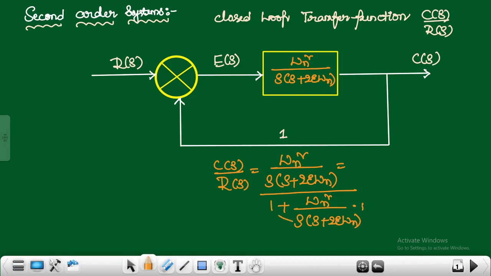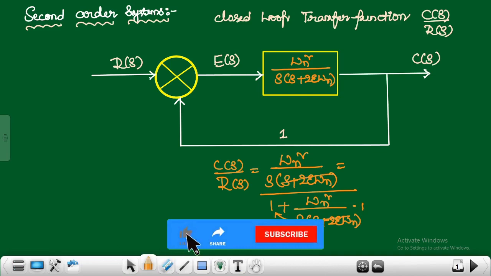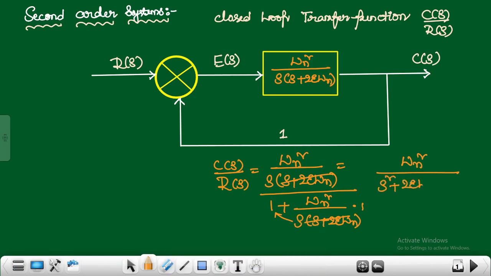Here you bring this LCM on this side, and this LCM denominator numerator will get cancelled, and finally you will have omega n square divided by s square plus 2 zeta omega n s plus omega n square. So this is the standard form of the second order system.